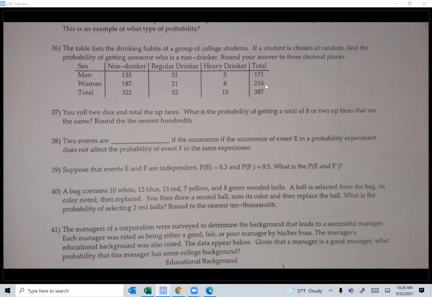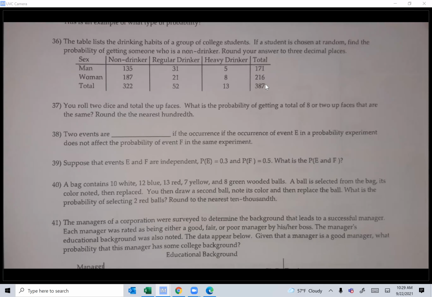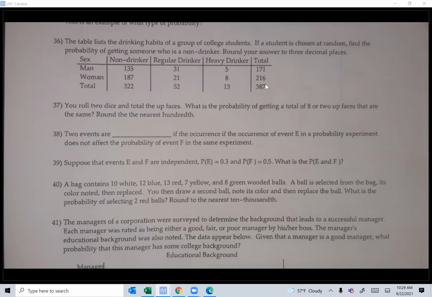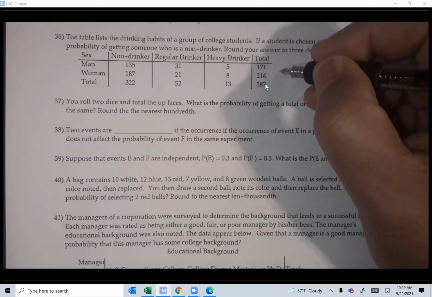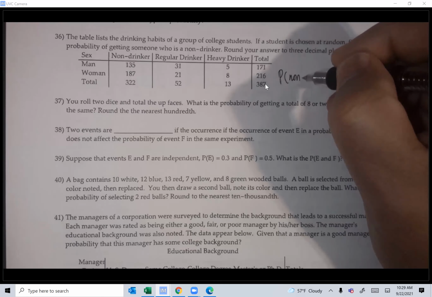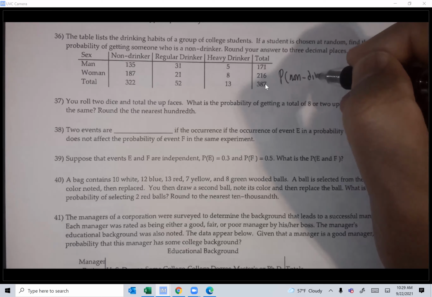36. The table lists the drinking habits of a group of college students. If a student is chosen at random, find the probability of getting someone who is a non-drinker. That should be very easy.